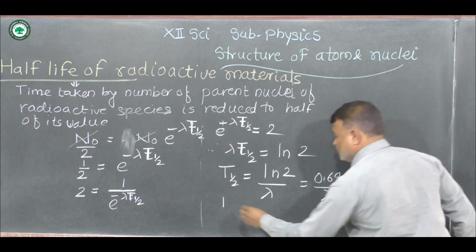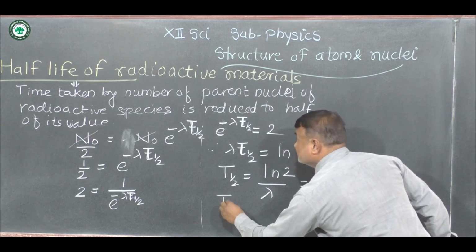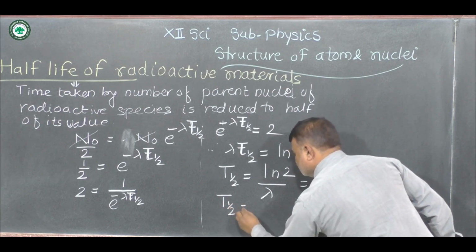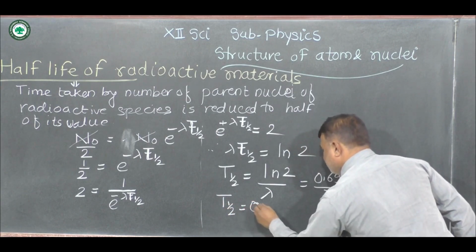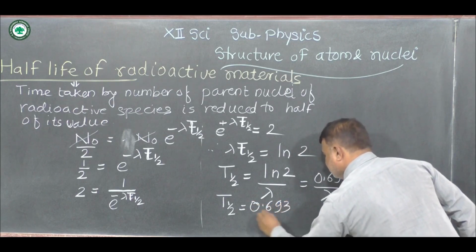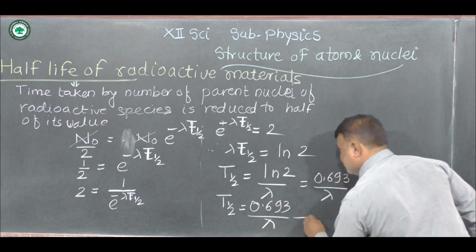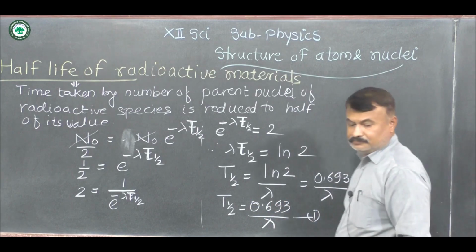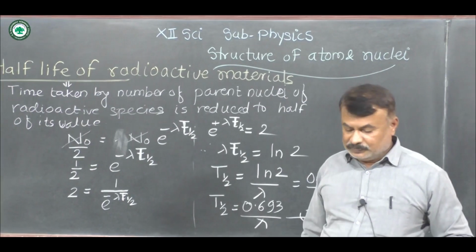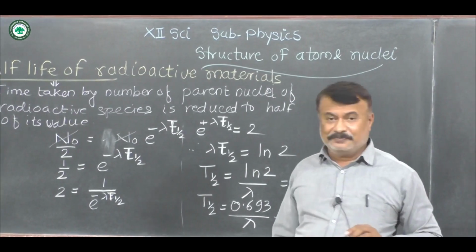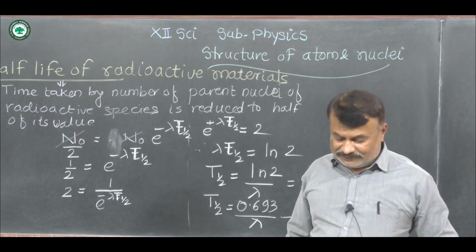So we get half-life time T half is equal to 0.693 upon lambda, equation 1. So in this way we get half-life of radioactive material.